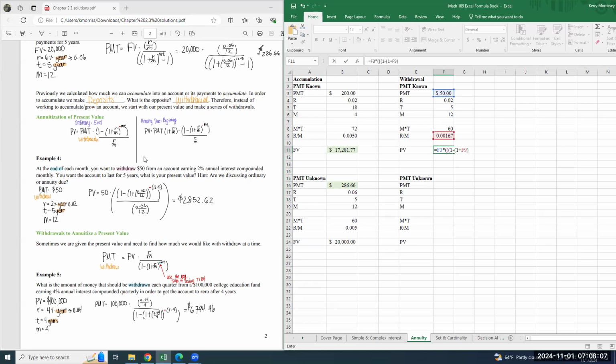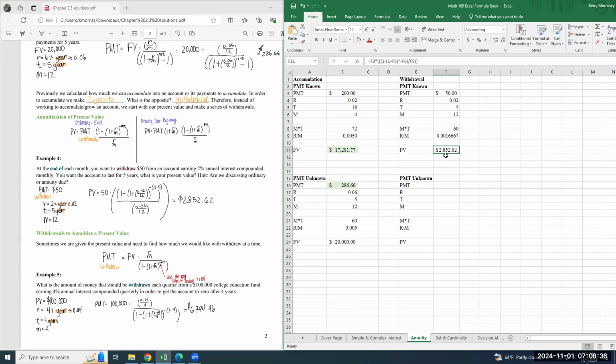Raised to the negative M times T. Close parentheses, therefore we subtract, let's see, divided by R over M, and close one more. So I opened one extra parentheses that I shouldn't have, but that's okay. We're just going to close them both. So we should get 2,852 and 62 cents.